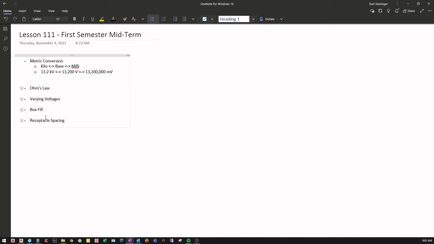And those are the only three values that I'm holding you guys responsible for. I know the text had a bunch of other values in there. Hecto and mega and all that kind of stuff. But for our purposes, for the career as an electrician, those are the big three you really need to know and be familiar with. And that is important because you're going to see a lot of problems, even on this test, where they throw one out there in kilovolts.